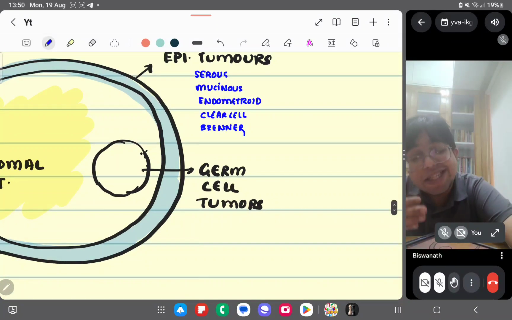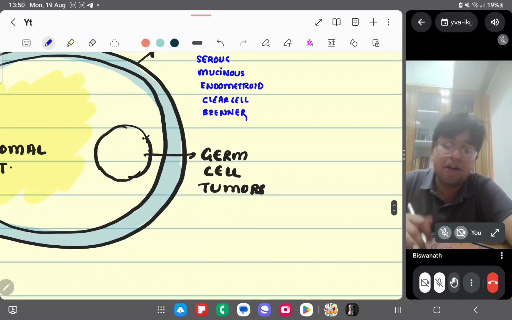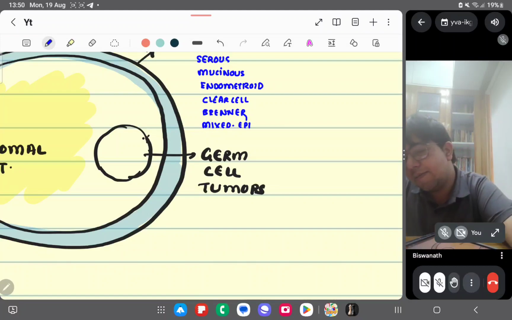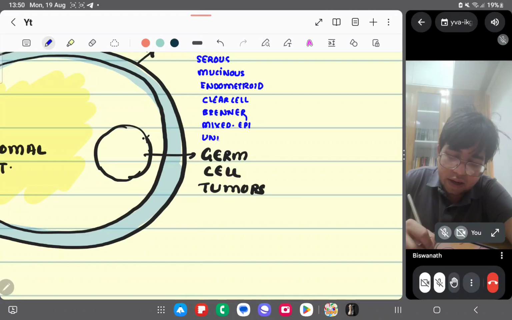And we have some mixed epithelial tumors. We have some types of undifferentiated tumors as well.